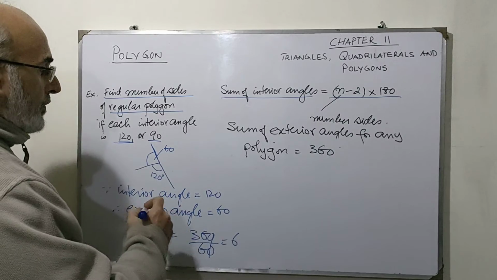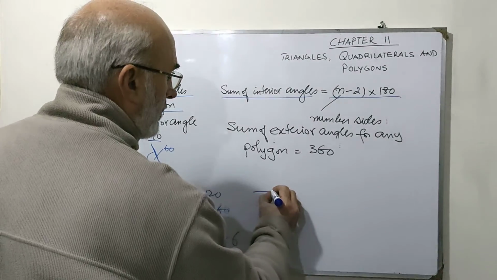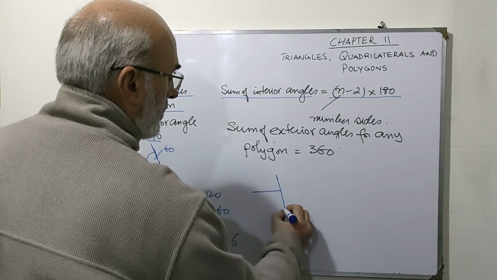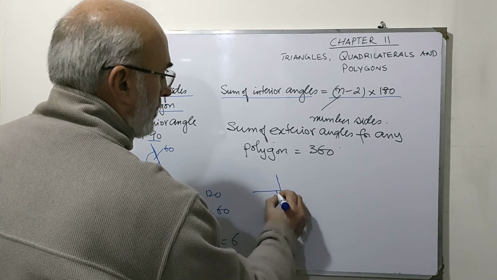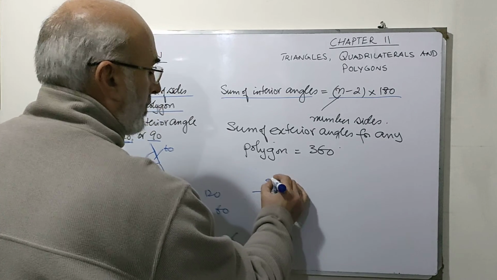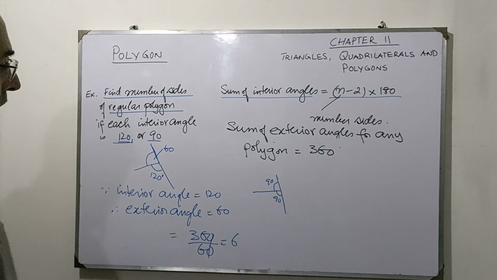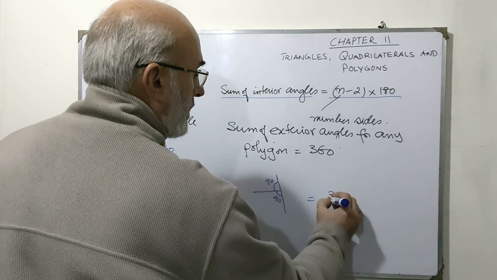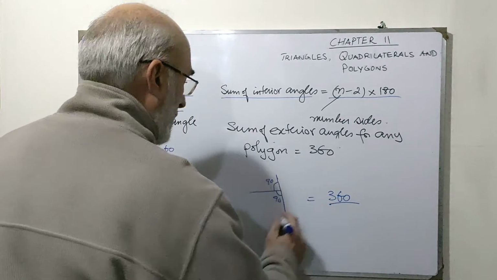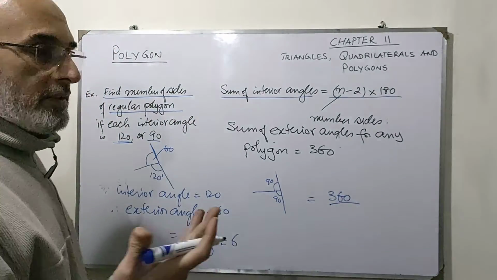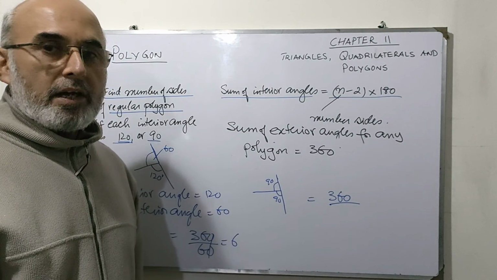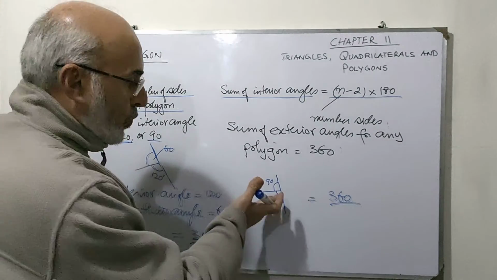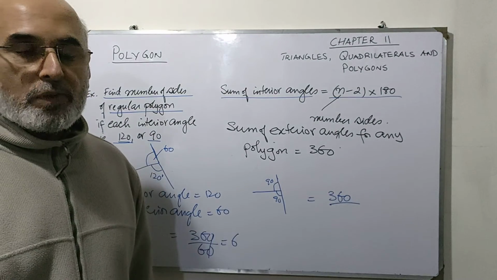Now, if the interior angle is 90 degrees, then what are we going to do? 360, because the sum of exterior angles is 360, and 180 minus 90 is 90.